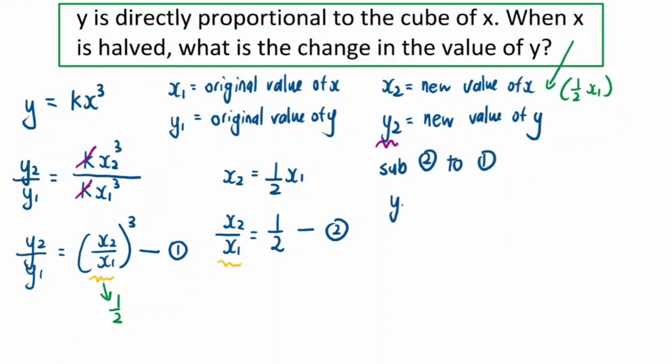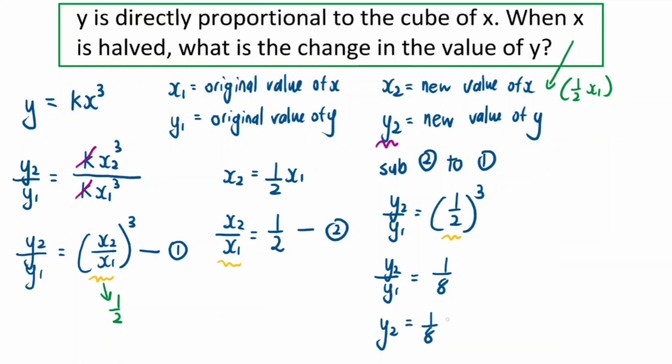So y2 over y1 now equals half to the power of 3. We will simplify this into y2 over y1 equals 1 over 8. Then we bring the y1 over, so y2 equals 1 over 8 of y1.